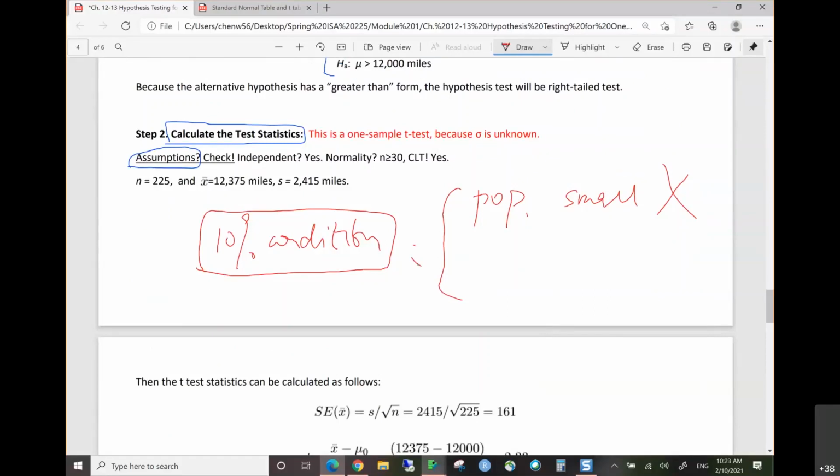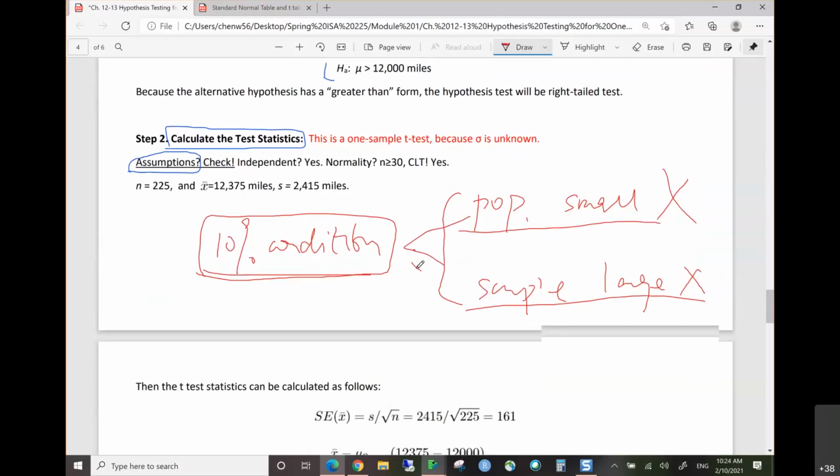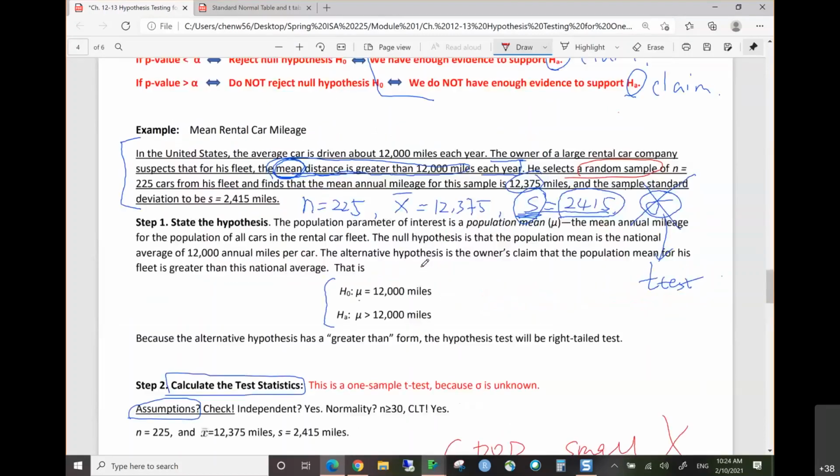Or if your sample is too large, for example 2,000 or 3,000. In these cases, you need to care about the population size and see whether the sample is truly less than 10% of the population size. If there are no such cases, this 10% condition is normally checked, even though the population size is not given to you.